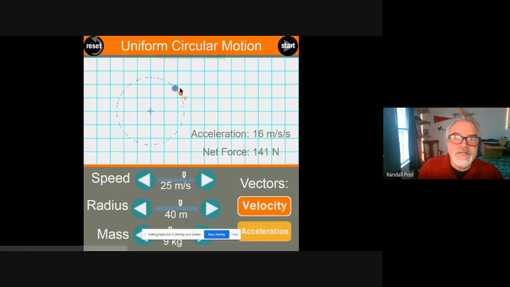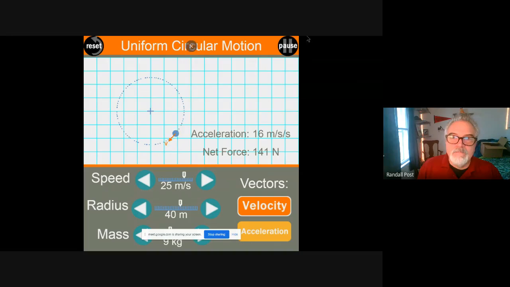So focus on velocity and describe what is happening here. Don't forget to talk about speed and direction. Here's the speed. See how it gets the vector longer and shorter, and talk about the direction.